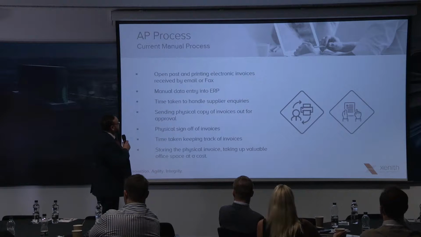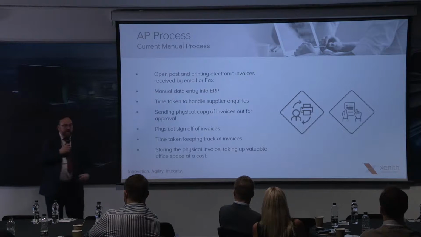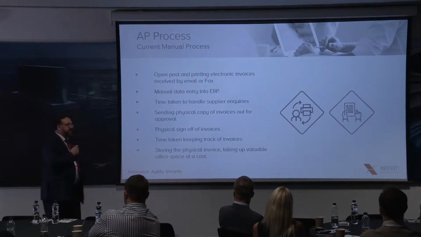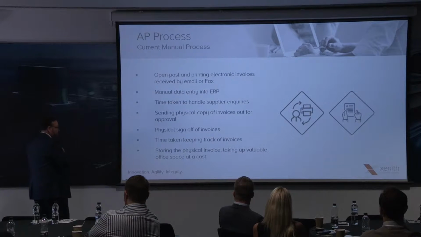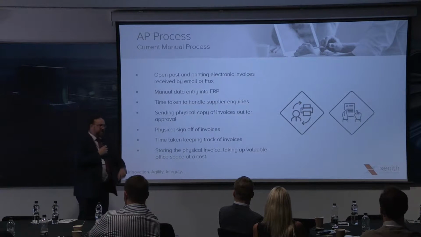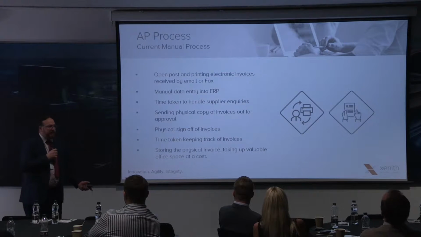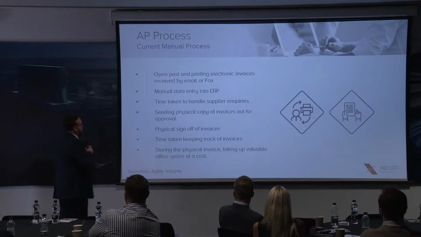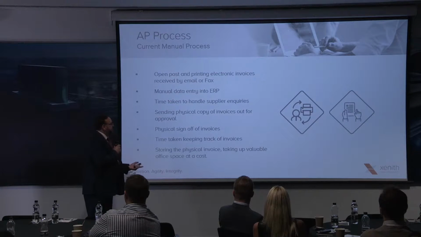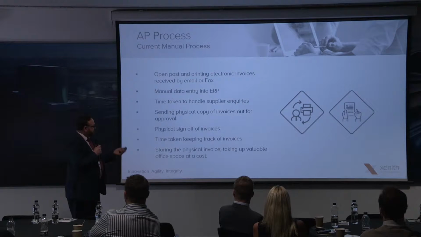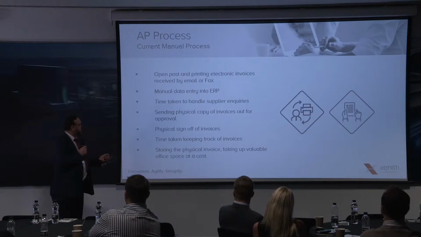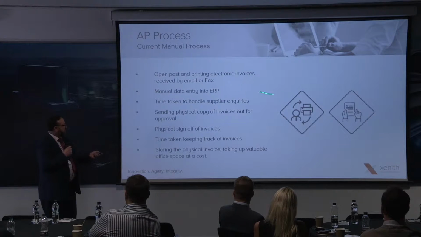So looking at a current AP and how that works, obviously a nightmare with lots of different paper sources coming in from all different types. Some of the invoices come electronically, some via fax, some via email, some paper-based. How do we manage those kinds of systems? Manual entries, and possibly the biggest ones that take the most amount of time, are physical sign-offs.